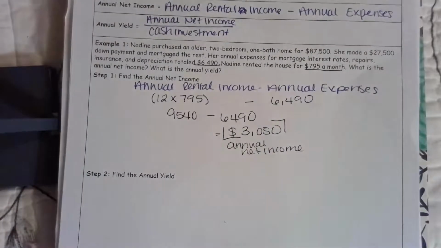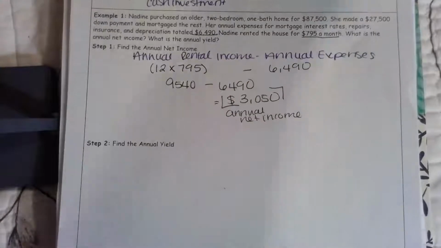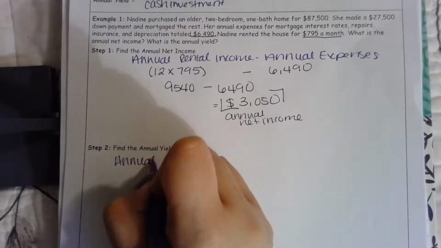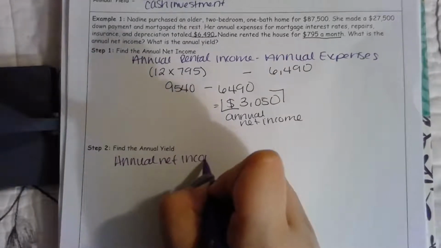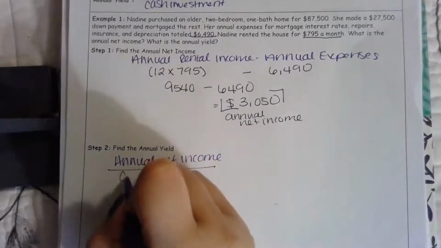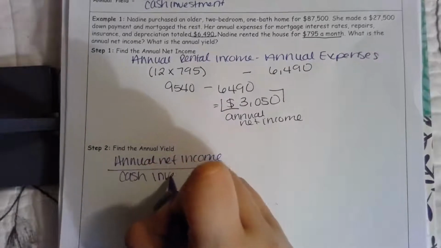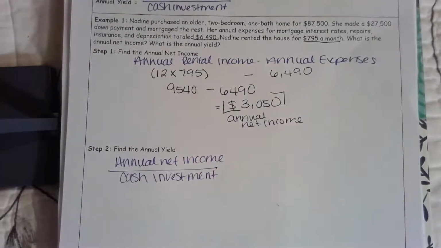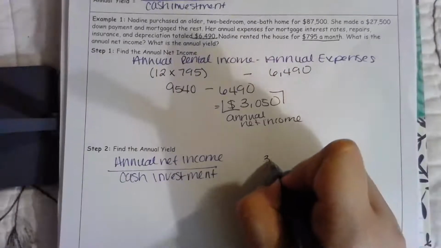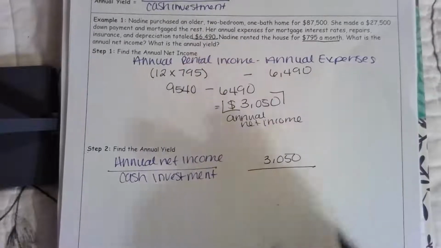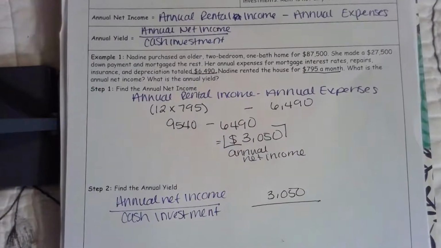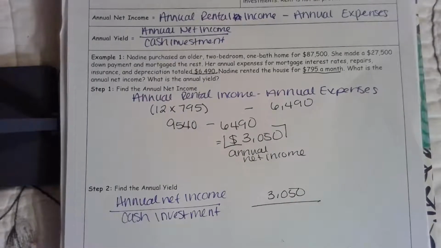Okay. Well then, to find the annual yield, you take that annual net income and divide it by the cash investment. Remember, you always want to know what percentage you are getting back, because is it worth it? That's always the question. Our annual net income is $3,050. Now this cash investment might throw some of you off. Yes, the house cost $87,500, but she only put $27,500 down.